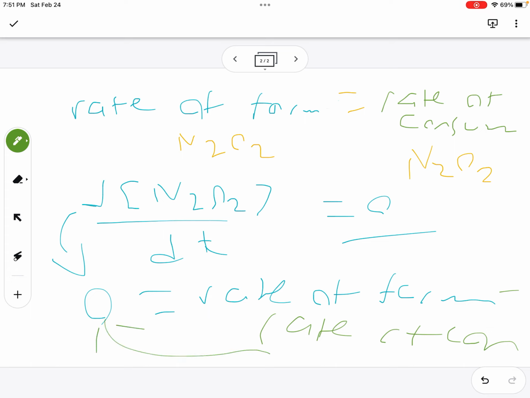So that's really what we're doing with the steady state approximation: we're saying the rate of change with respect to time of N2O2 is equal to 0. And rearranging, if we say that the change of N2O2 with respect to time is the rate of formation minus the rate of consumption, then we can rearrange and say that the rate of formation is equal to the rate of consumption. So next slide.